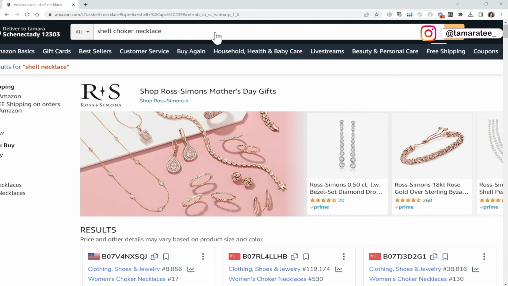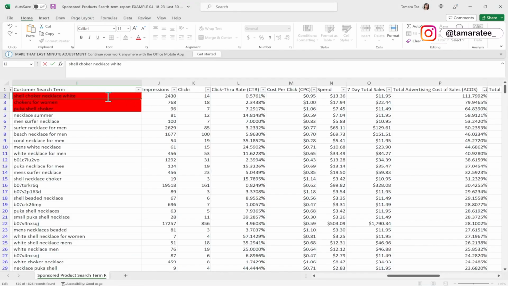And that's not what we want. That means we are eliminating a lot of the phrases that can potentially make us money. That's why we want to put it into negative exact. So we can only negate this exact keyword and not the phrases, because who knows, maybe shell choker necklace white, if someone were to search this, it might make us a sale. So you don't want to put this into negative phrase.